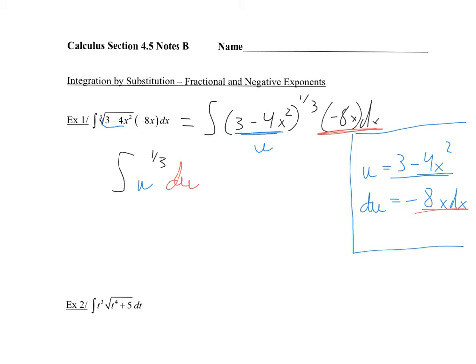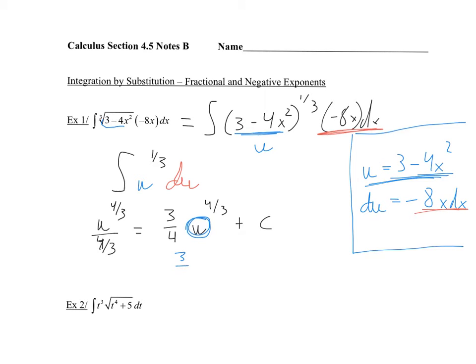Well, this is a really easy integral to solve. Now, I add 1 to the exponent and divide by that same value. So this will become u to the 4/3 divided by 4/3 plus c. And when I divide by a fraction, remember, I multiply by the reciprocal. So this will be 3/4 u to the 4/3 plus c. The last step is to replace that u with what we assigned it to be in terms of x.